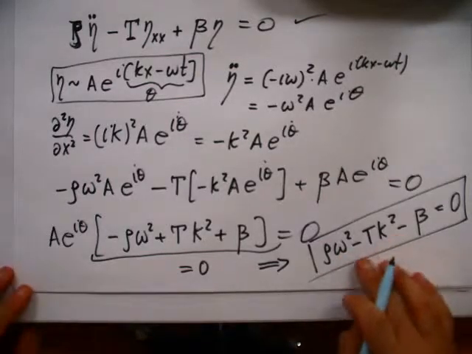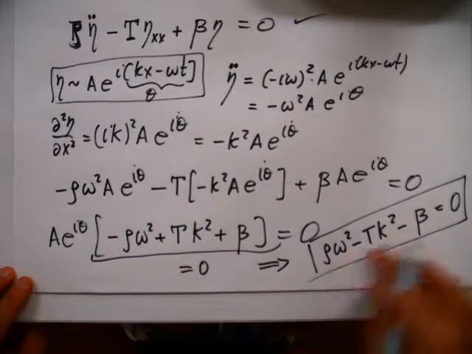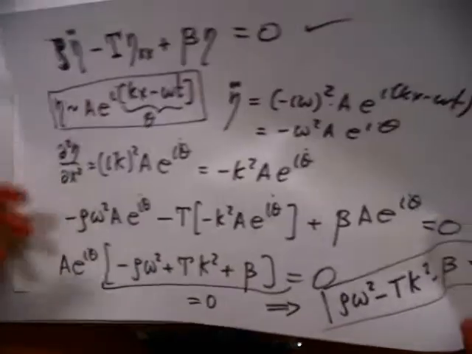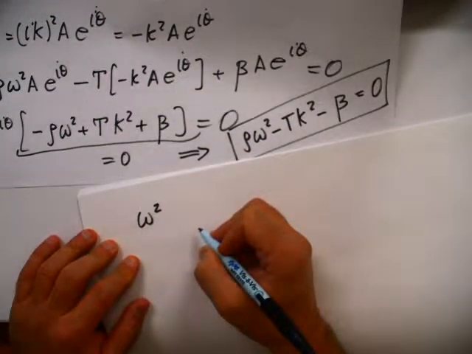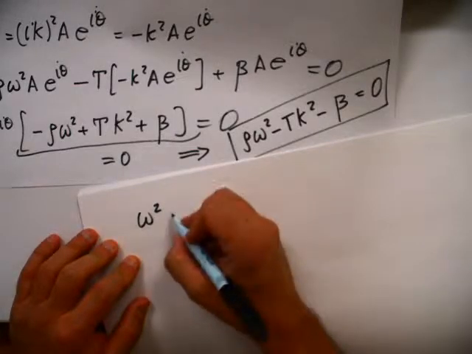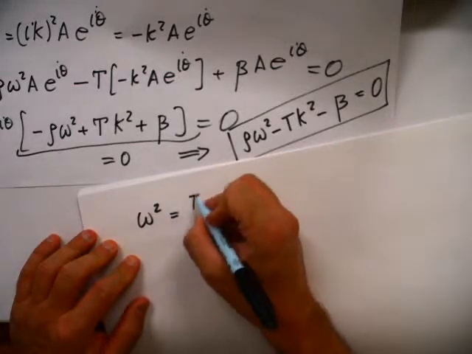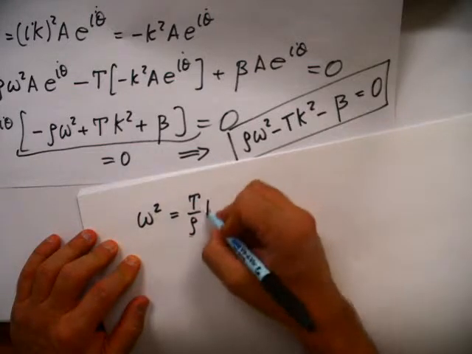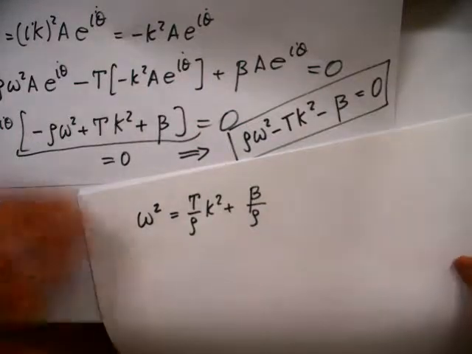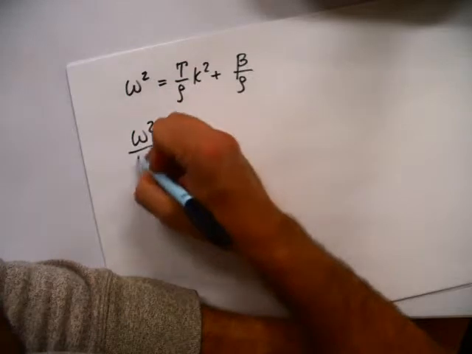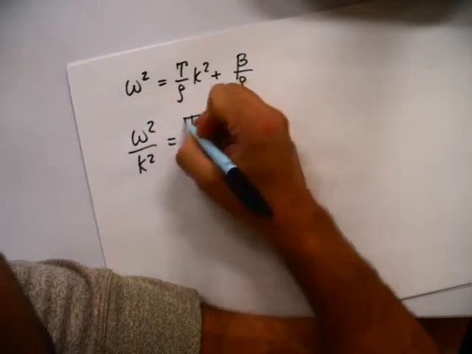So let's understand this relation a little bit better, and from it we can derive that omega squared is equal to T divided by rho k squared plus beta divided by rho. Which means that omega squared divided by k squared is equal to T divided by rho plus beta divided by rho k squared.